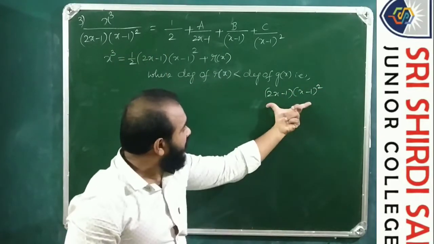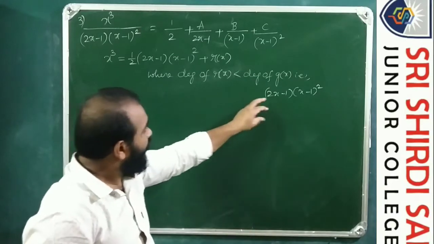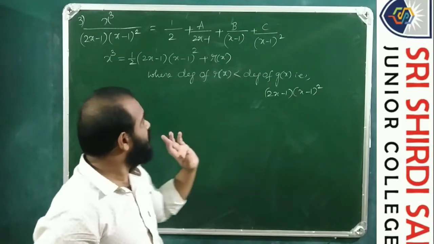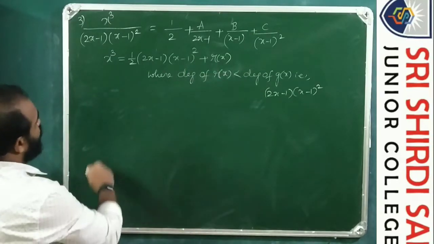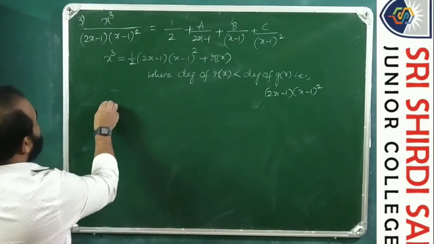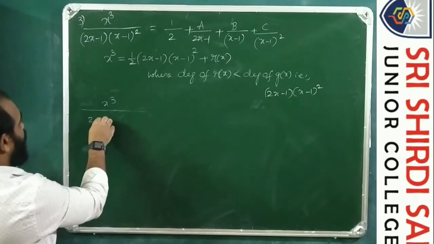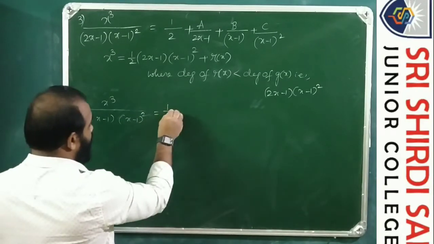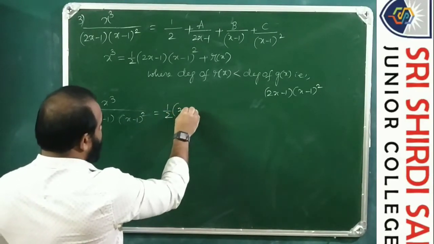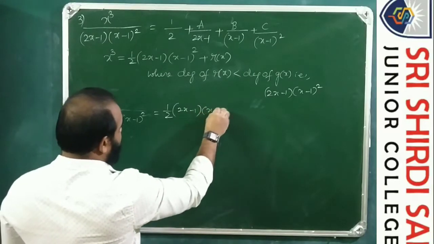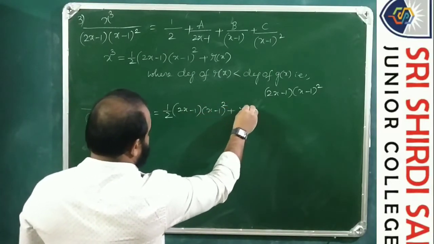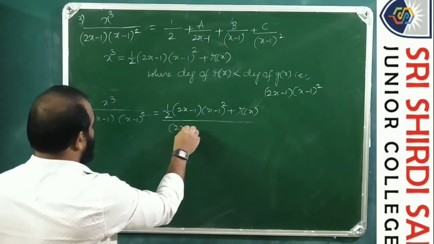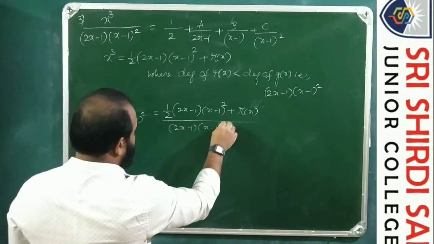Its degree is 3 here, so compared to this, it will be less. So x cube by 2x minus 1 into x minus 1 whole square is equal to 1 by 2 plus r of x by 2x minus 1 into x minus 1 whole square.